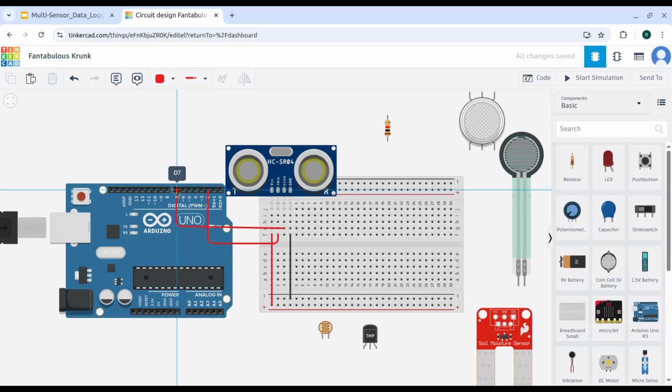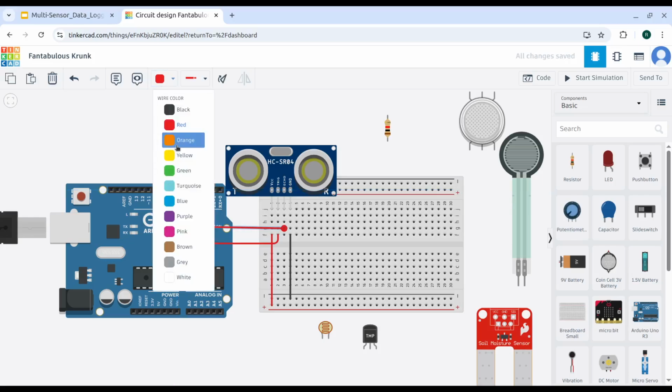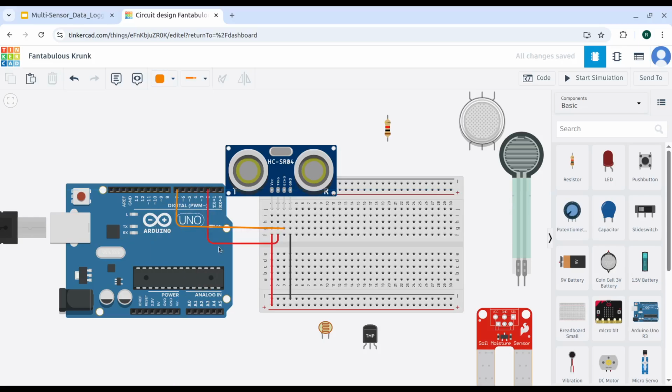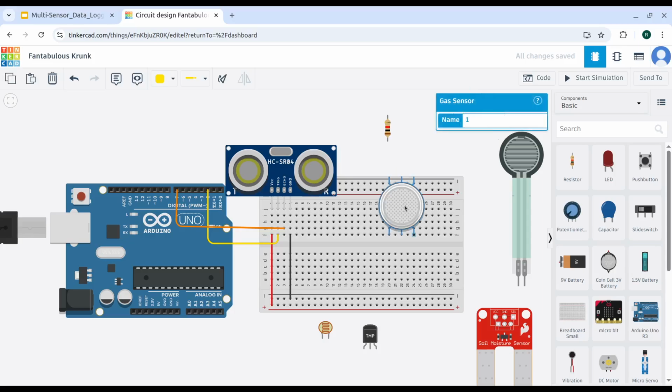So the ultrasonic pin connection is over. Next, the gas sensor. Here I am connecting this, it's difficult to connect, I'll connect like this.